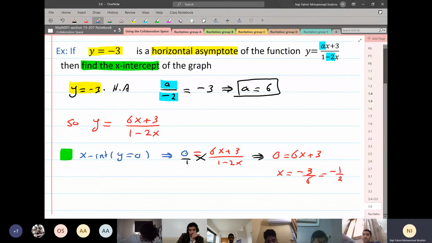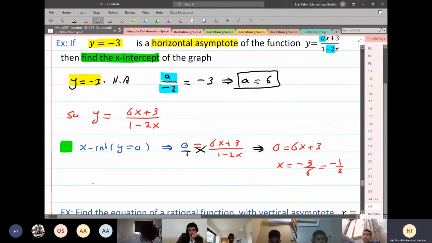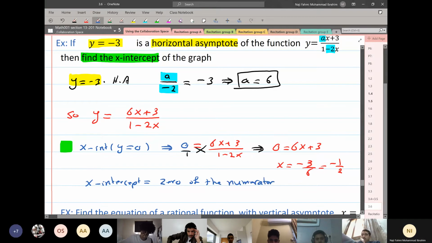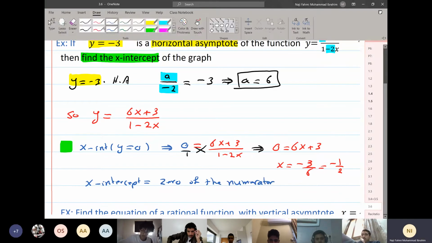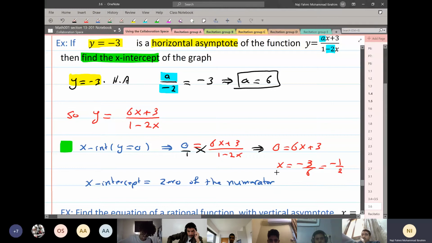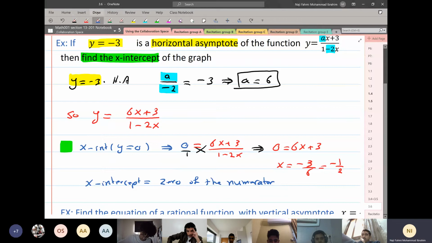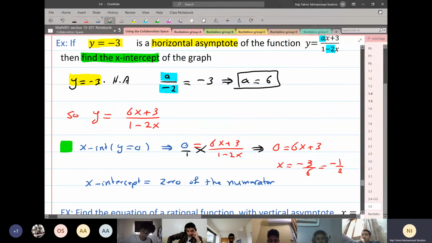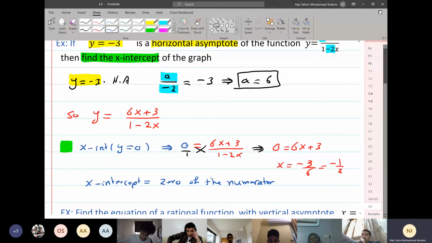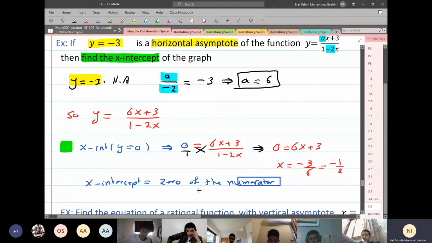So can I give this as a rule that the x-intercept is equal to the 0 of the numerator? This is a rule that can be used later, or it can help us later to make things faster.